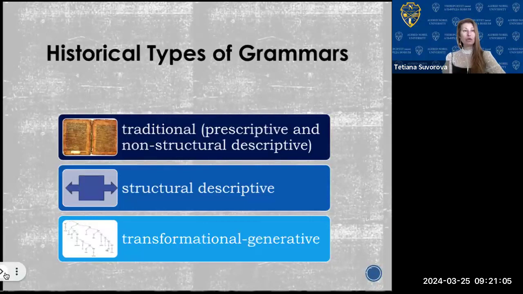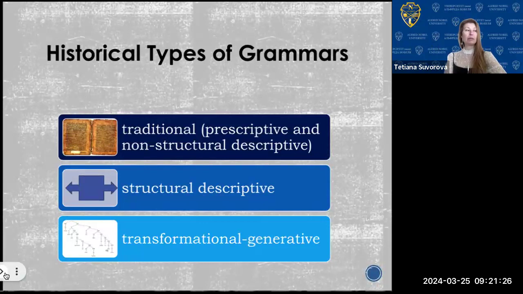Well, now, as far as we today speak in general terms about theoretical grammar, and in the frame of the academic course, we should touch upon the general development of this branch of linguistics. So then we speak about different types of historical grammar as well.